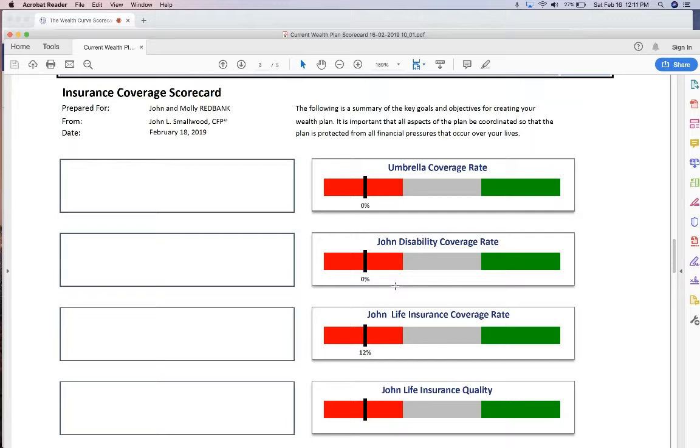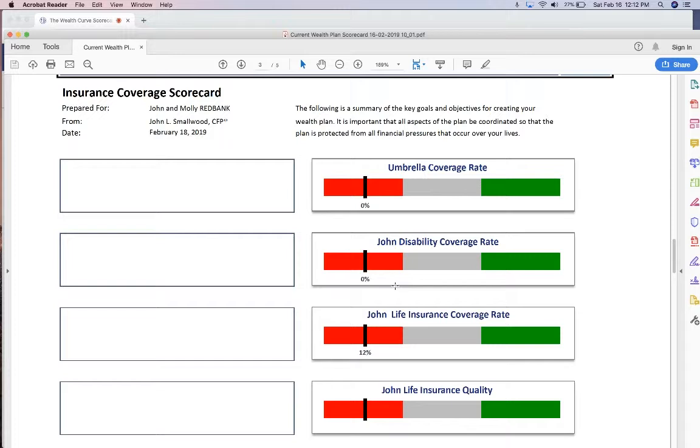So the key is having maximum umbrella coverage in relationship to your net worth. If I am retired and I have $1 million of assets, the combination of liability protection and umbrella should be about $1 million. If I'm worth $40 million and I don't have an umbrella liability policy and I get sued for something that's out of my control, I like to joke around that I'm driving, drinking coffee, texting, and I run a red light and I hit somebody, right?